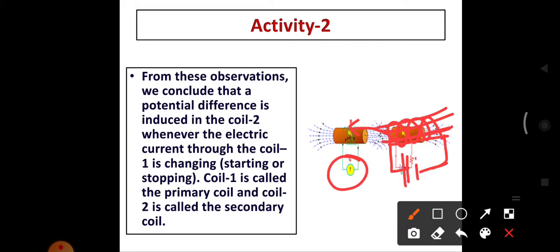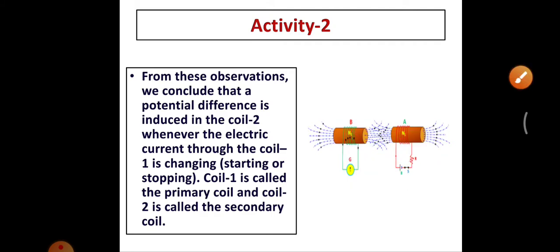So when we change the current in coil 1, it changes the magnetic field around coil 1. When the magnetic field changes in coil 1, it changes the current in coil 2. This type of induced current is called electromagnetic induction.